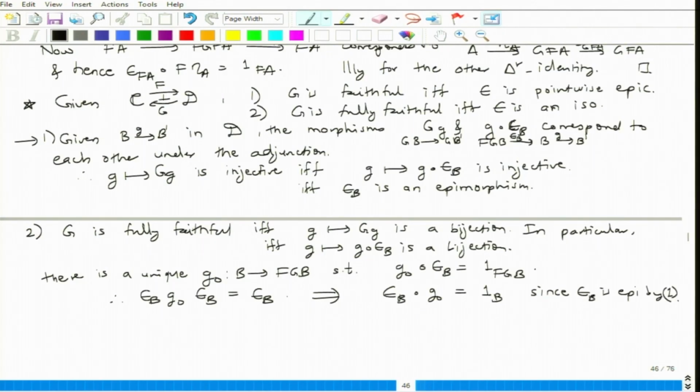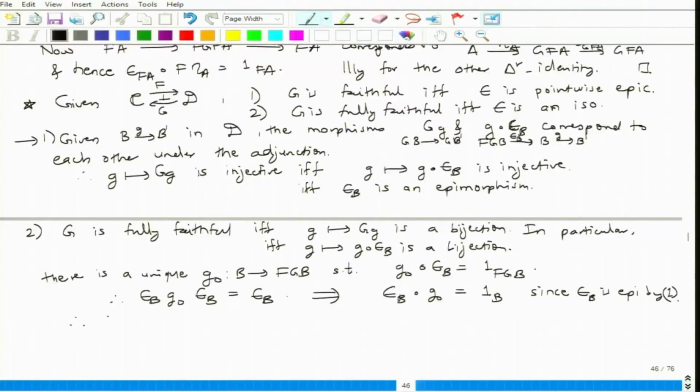Okay, so we found a one-sided inverse. G naught was a one-sided inverse of epsilon B, and using that epsilon B itself is an epimorphism, we showed that it is a two-sided inverse.